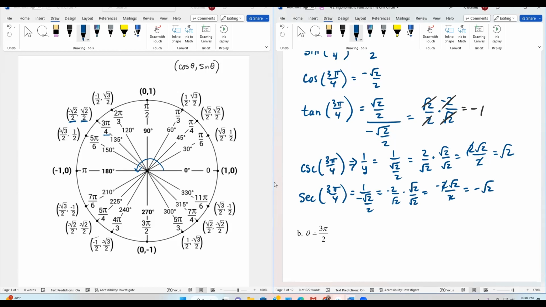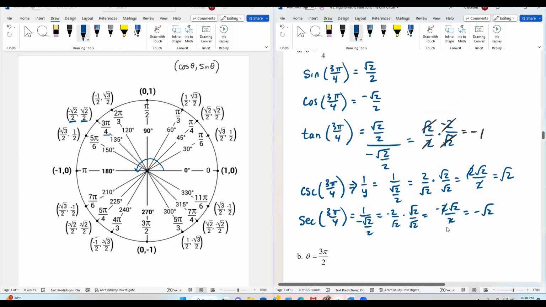And last but not least, we need the cotangent. So I'm going to come up here where I have some space. Cotan of 3 pi over 4 is the x over the y. So that's negative root 2 over 2 divided by root 2 over 2.